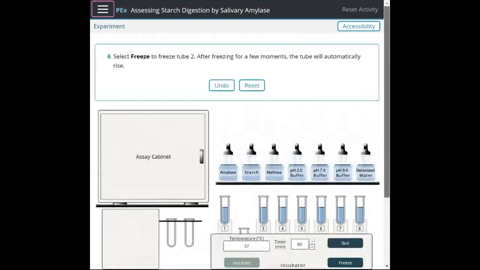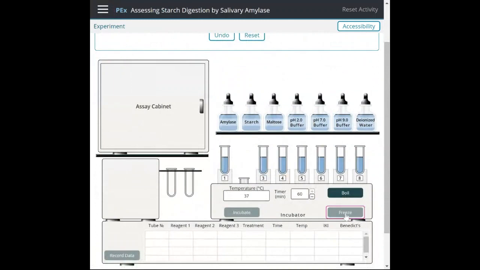We're going to freeze test tube number 2.